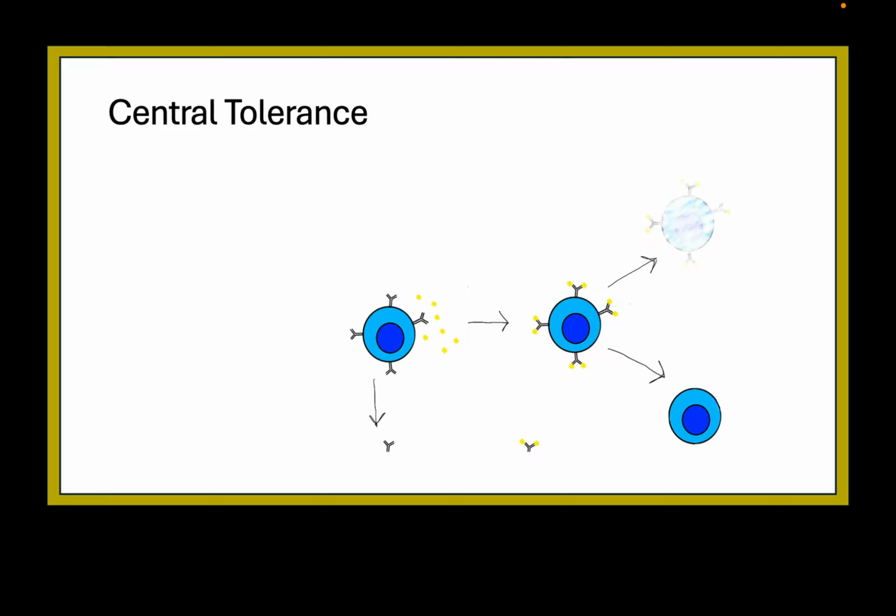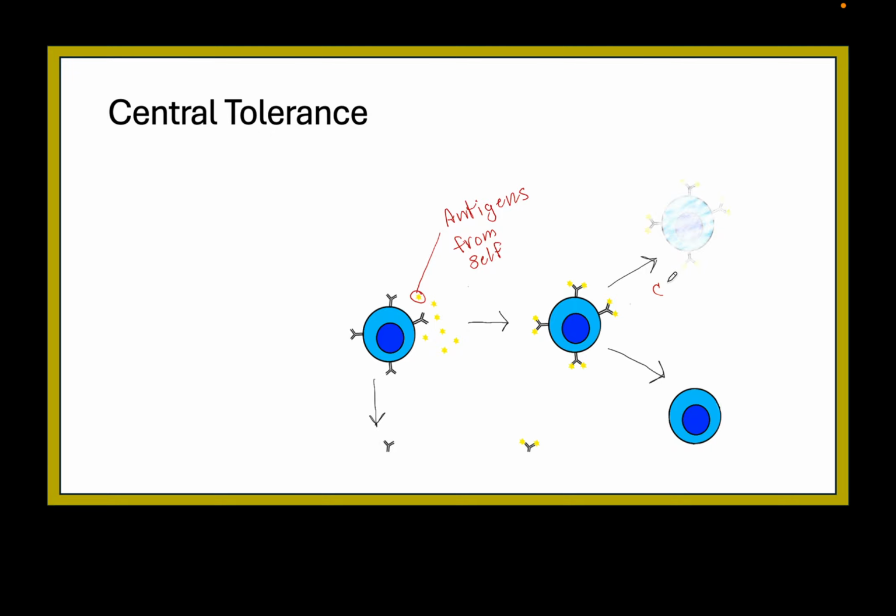So the B cells are going to be exposed to self antigens. So right here we have some antigens from the self. And so these are going to go through a process that is very similar to what was going on with T cells. If they bind to the antigens, they are going to be eliminated in a number of ways.